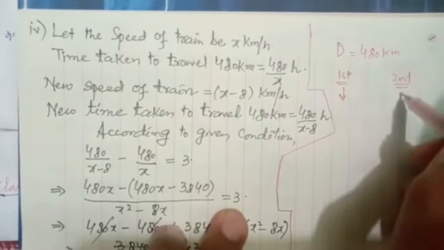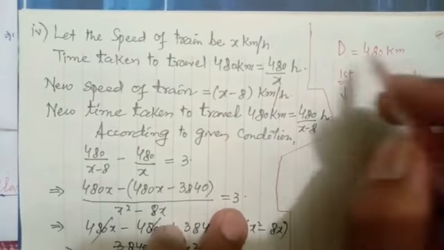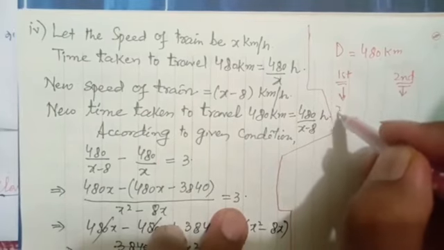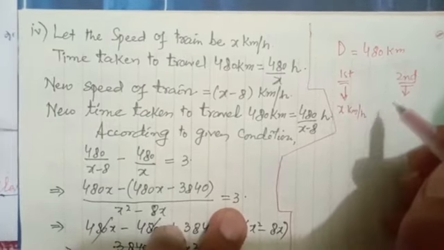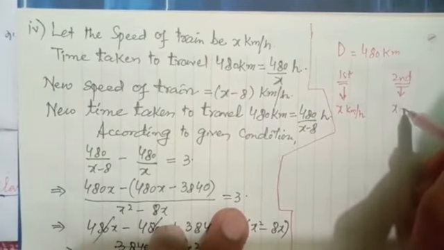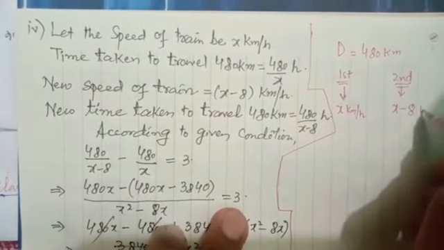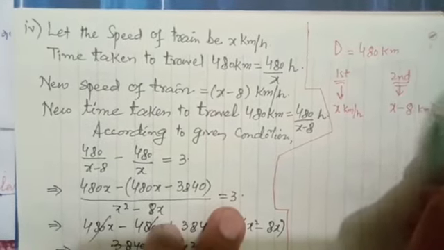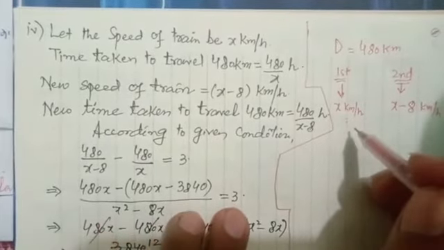In second condition, train travels the same distance, that's 480 km. Here if we keep the speed as x km per hour in first condition, in second condition it is 8 km less than the first, that's x minus 8 km per hour. See here, the time difference is 3 hours.